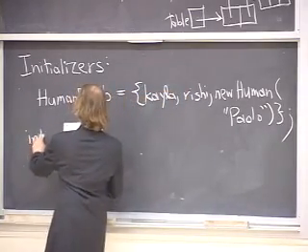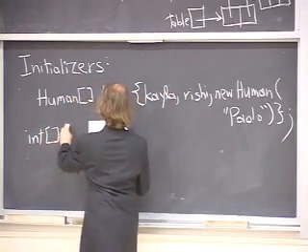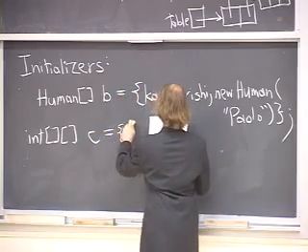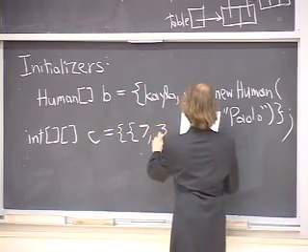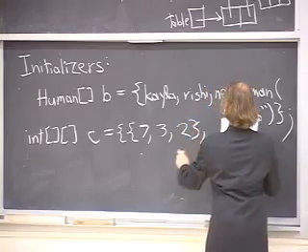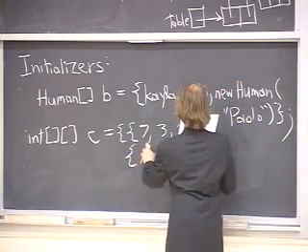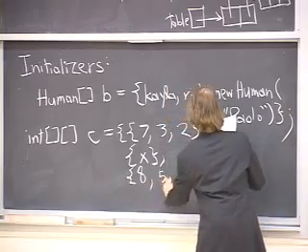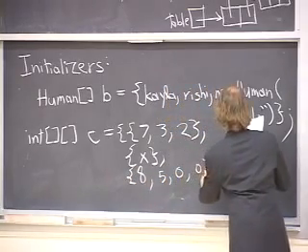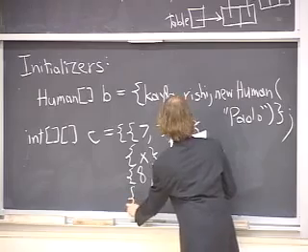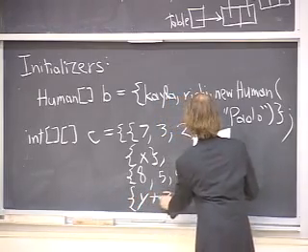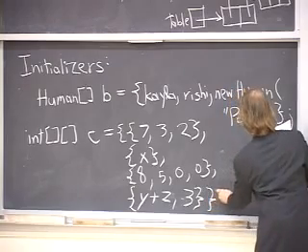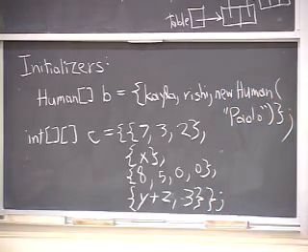So I can say two-dimensional array of ints, call it C, and do something fancy like that.